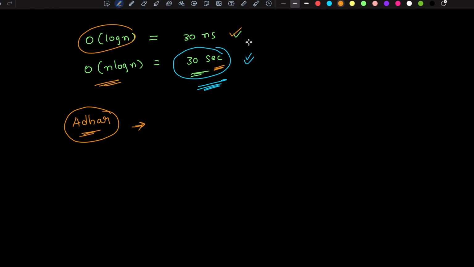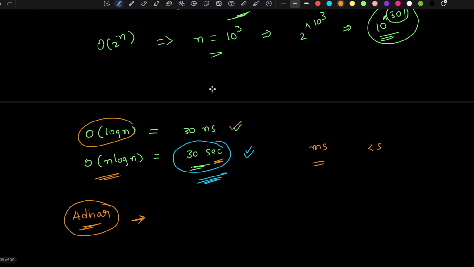Even 1 second feels long in many modern applications. Today people expect responses within a few milliseconds, less than a second, right? So that is why asymptotic analysis is so important. It helps us to estimate how algorithms scale, right?